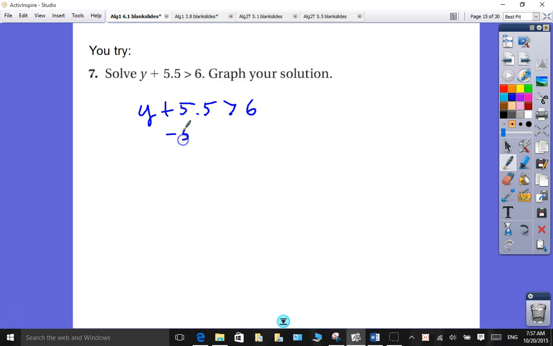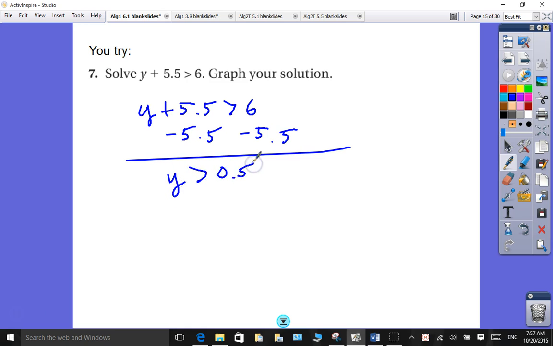Subtract 5.5. Subtract 5.5. Y is greater than 0.5. Okay? Number line. It's got to have a 0.5 in the middle of it. Should I use an open or closed circle? Open, and shading to the right.